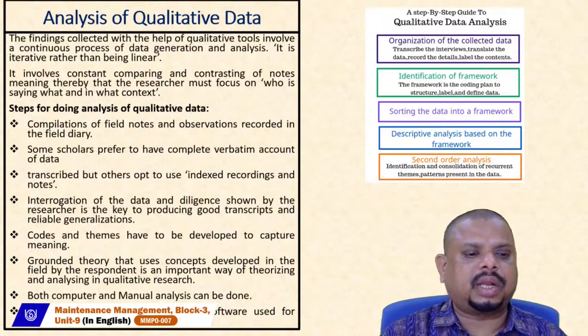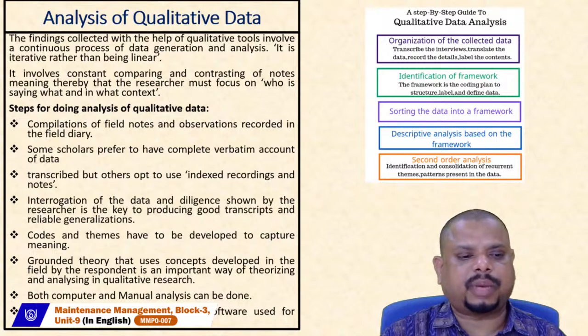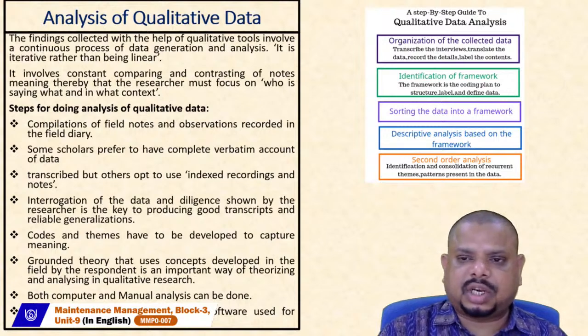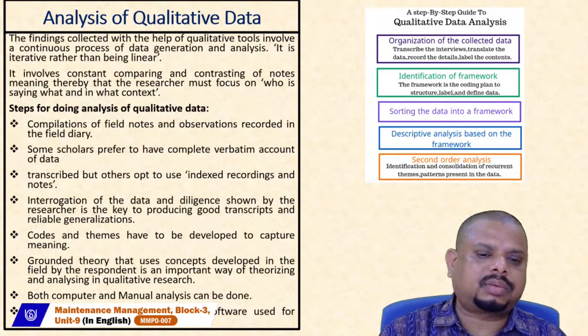Then the interrogation of data and diligence shown by the researcher is the key to producing good transcription and reliable generalizations. Then data should be converted into codings, based upon the themes developed to capture the meaning of your research.